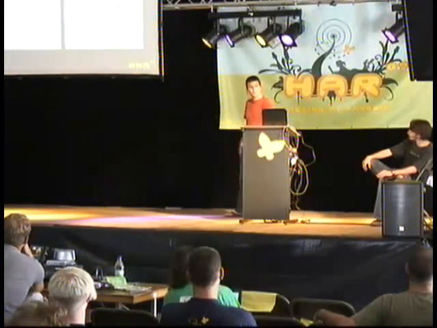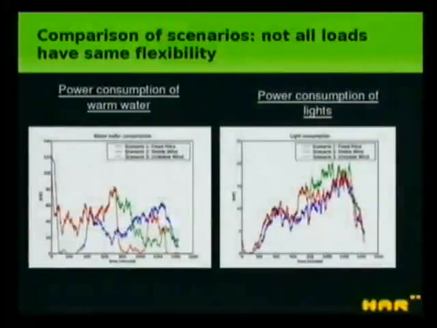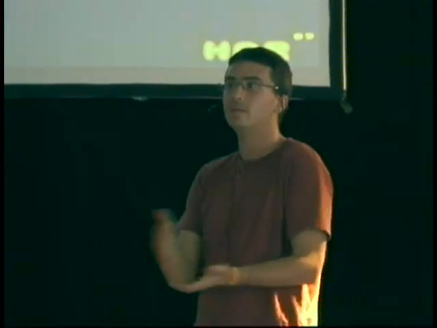Just to go through some more details, which are the loads that are actually participating the most to the variability of the consumption? Well, we can see here that warm water accumulators, the tanks, are participating much more than the light. As I told you, when you get back home, you want to have light. You don't care whether electricity is expensive or cheap.